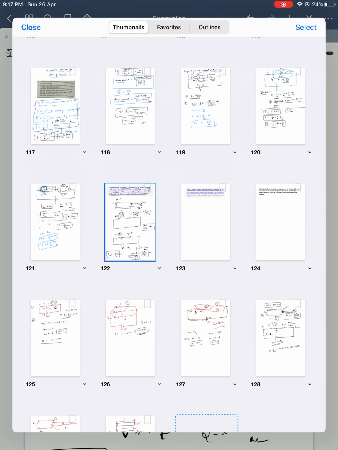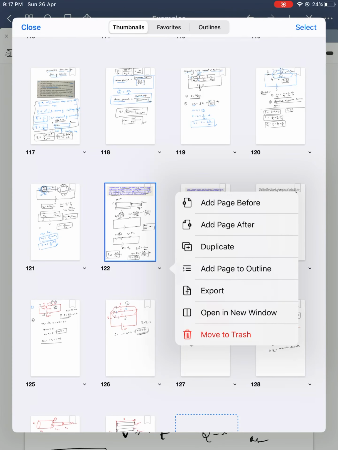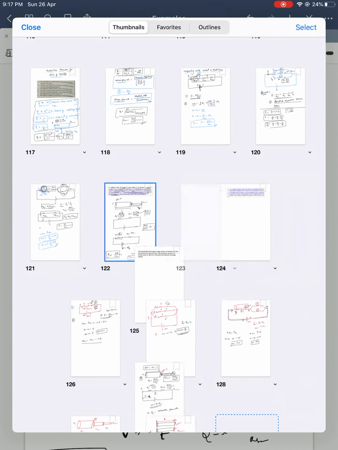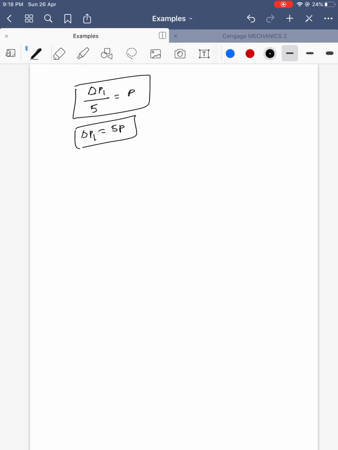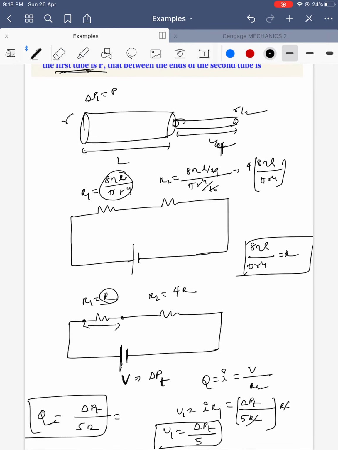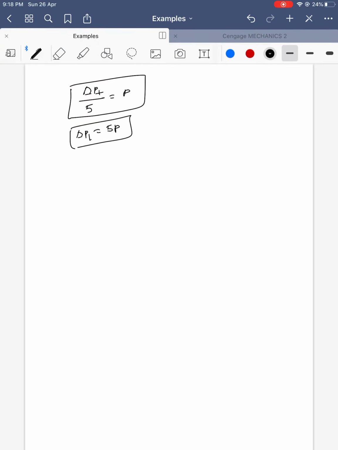At last you should not say, sir, operation success, sir, patient died. So delta P total by 5 is equal to P. So total pressure drop is equal to 5 times P. If I draw the diagram again, verify your notes.